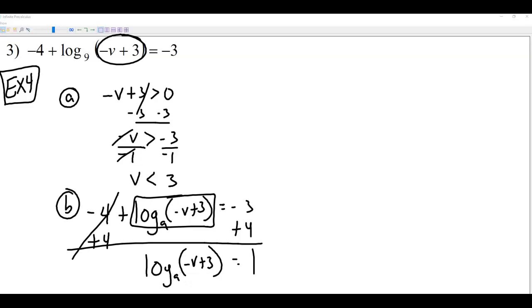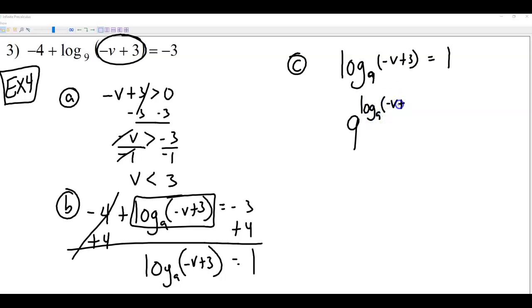All right, now, step C, we're ready to exponentiate. All right, so we're going to exponentiate both sides. My base this time is a 9, so it's going to be 9 to the power of log base 9 of negative v plus 3, and 9 to the power of 1.